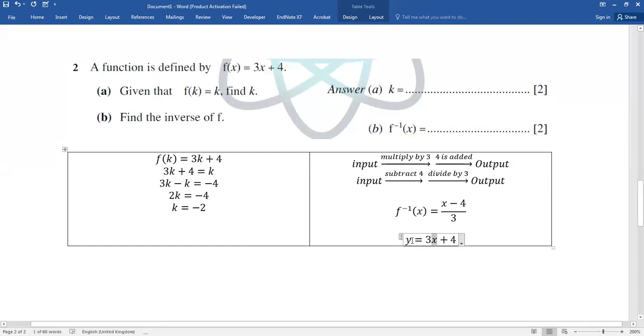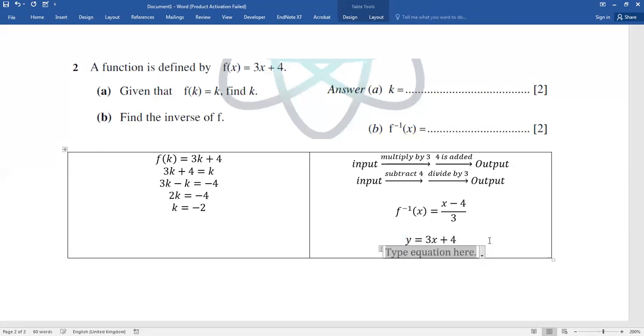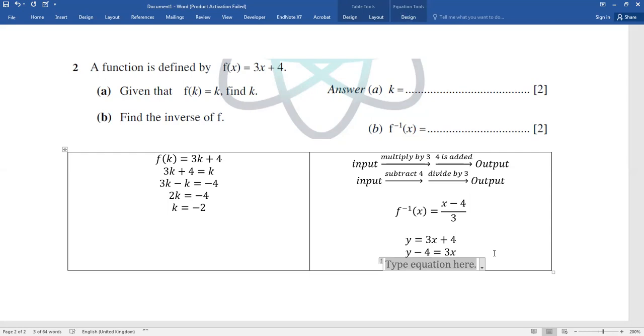This x is our input and this y is our output. We want to interchange them. I want to make this the input and this the output. That is what is called the inverse function. So the first thing that I'll do, I'll make x the subject of the formula. I've already told you not to force x to come to the left to make it the subject of the formula. Wherever it is easy, make it there.